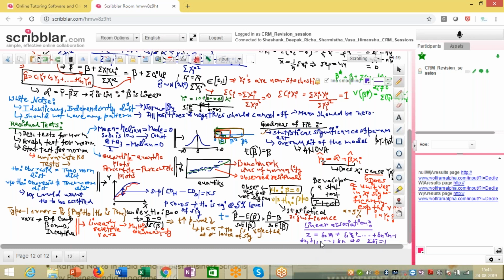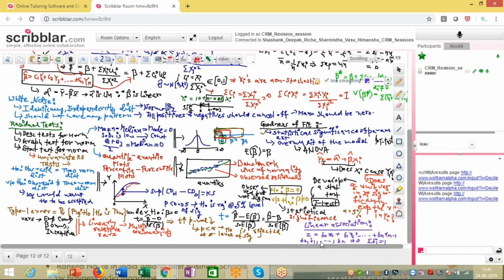So what I'm saying is that this z can be expressed as a sum product of these x's and these deltas. That is what z is all about.